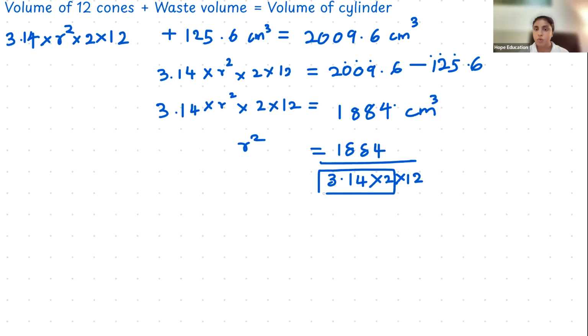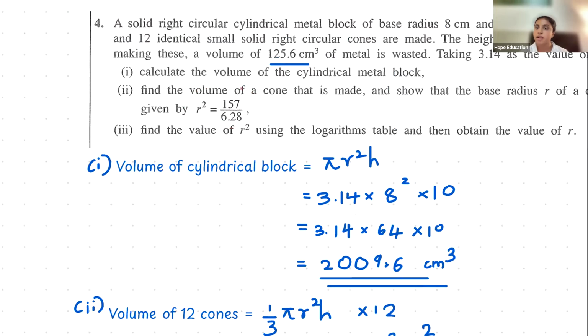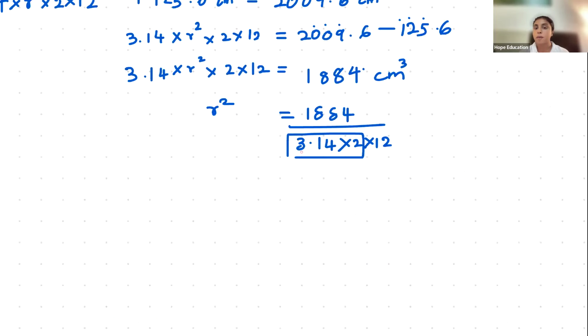So we can take 6.28 from there. We don't need this 12, because what they are asking us to prove is r squared equals 157 in the numerator, and the denominator is 6.28. The denominator we already get through this 3.14 multiplied by 2. This 12 I have to remove. Let's see whether 1884 is divisible by 12.